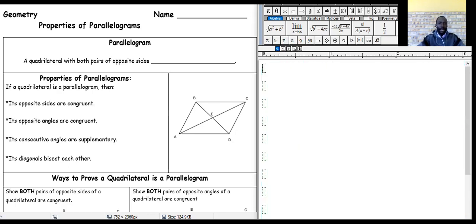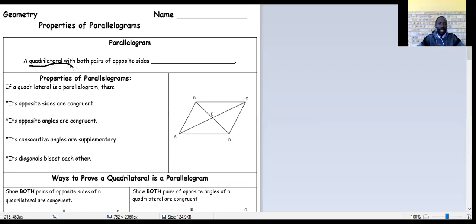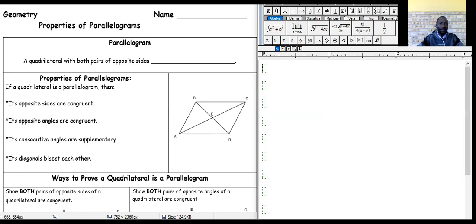So before wasting time, what is a parallelogram? It is a quadrilateral, that is a four-sided polygon. This word quadrilateral means four-sided polygon, okay? Now, this four-sided polygon behaves in such a way that it has both pairs of opposite sides parallel.